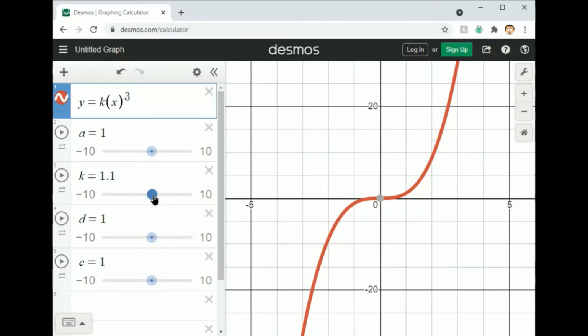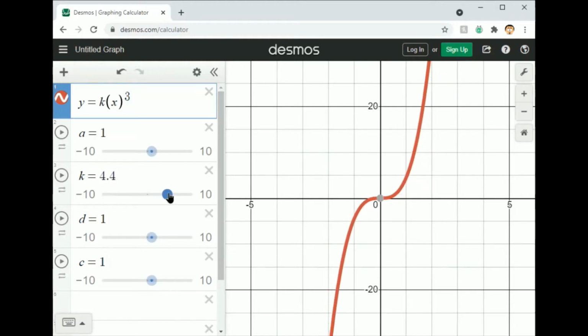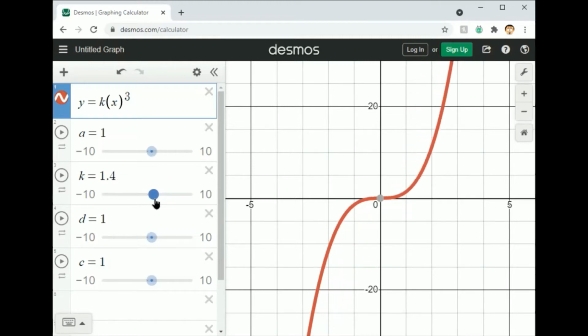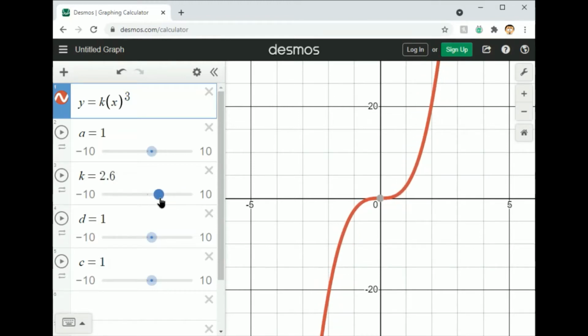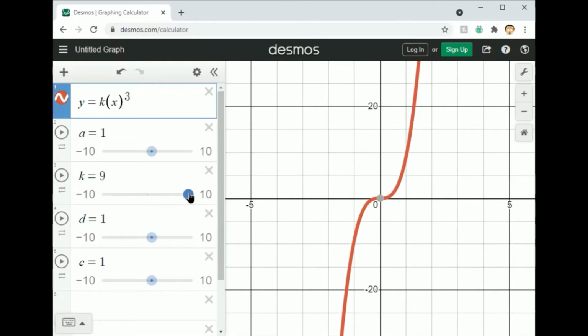So when I increase this, I know, again, this is doing exactly the same thing that you saw with a, but now I want you to frame it differently in your mind. Instead of thinking of this as a vertical stretch, I want you to visualize it as a horizontal compression and see that it is getting thinner, thinner side to side anyway.